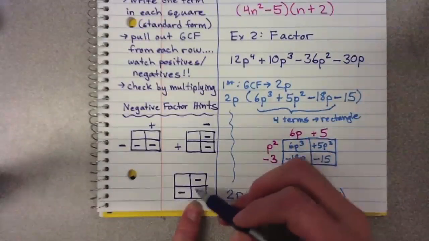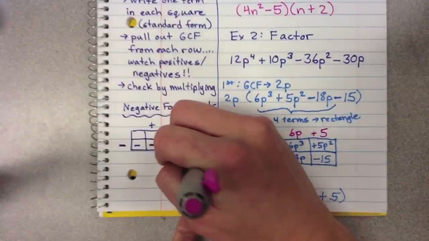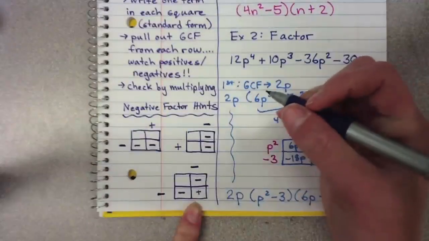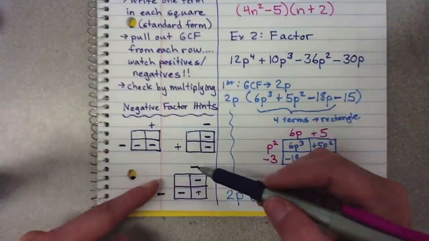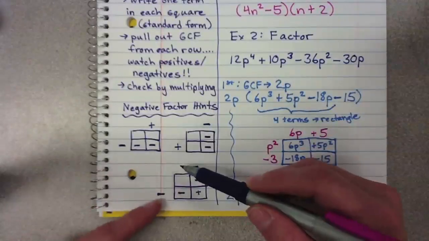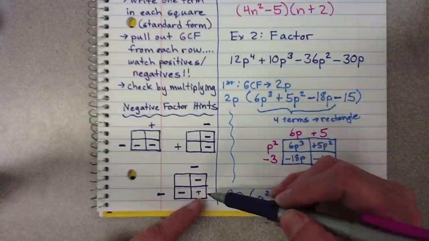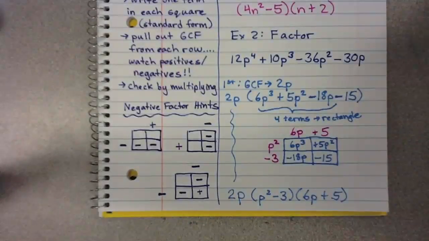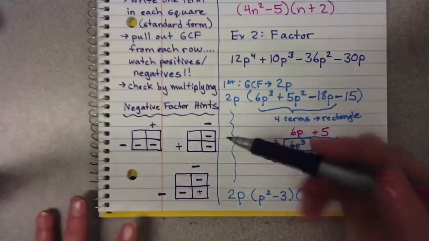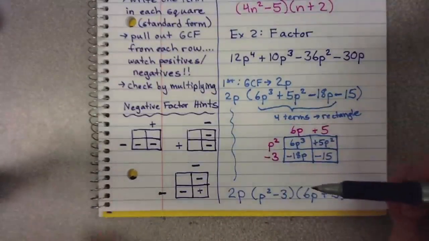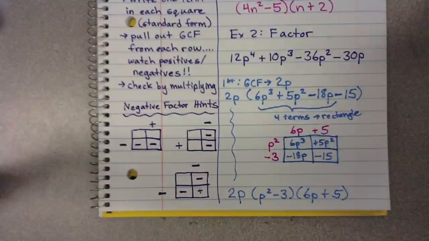So when you see that diagonal pattern, both of these are going to be negative. Because then you get positive times negative there, positive times negative there, negative times negative there. Okay, so those are the three general patterns you're going to see. When one doesn't fit that pattern, apply the rules you know about positives and negatives to it and make it work with pulling out the negatives wherever you need to.